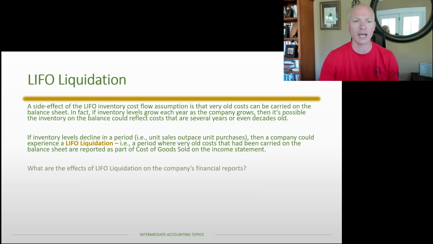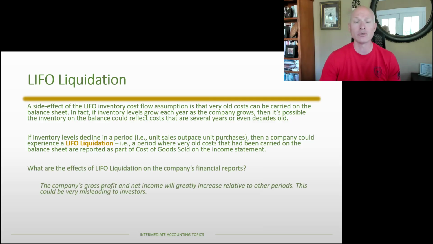All right, so what are the effects? The issue is your gross profit. You have very old costs sitting there, which means your cost of goods sold is going to be very low in that period because you're using very old inventory costs, which presumably are much lower than the more recent inventory costs. So your gross profit is going to be way higher and your net income is going to be way higher.